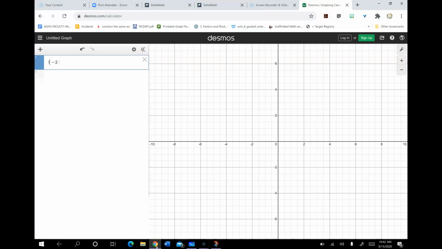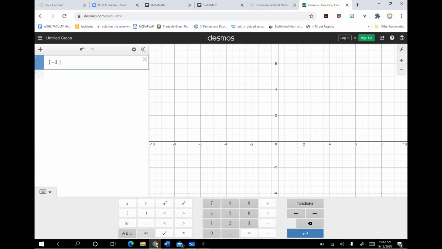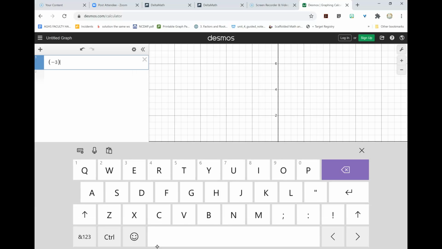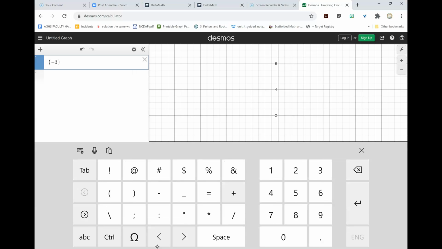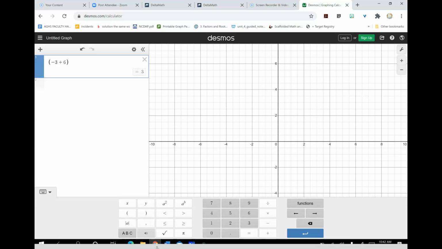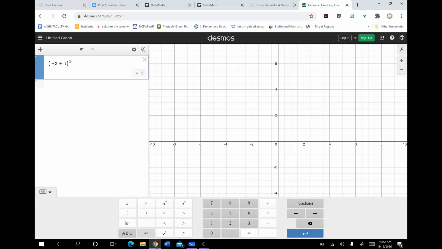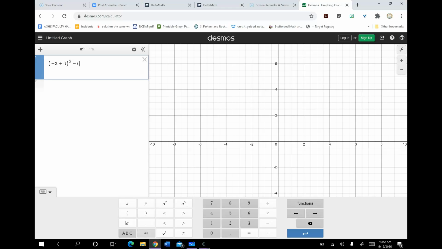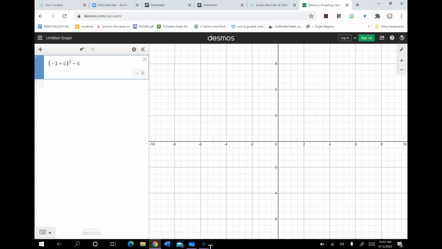Then plus 6, and I need to square it, so I'm going to come over here and square. And then I think it was a -6. Uh-oh, I exited out. It was -6. So my answer would be 3. You see how it calculated it for me? So my answer was 3.